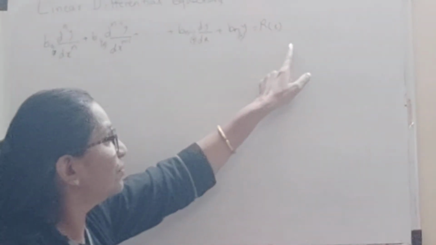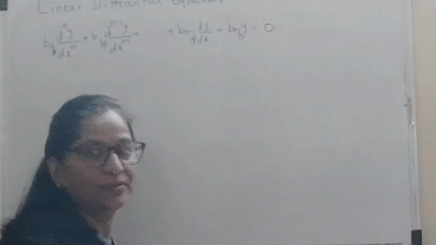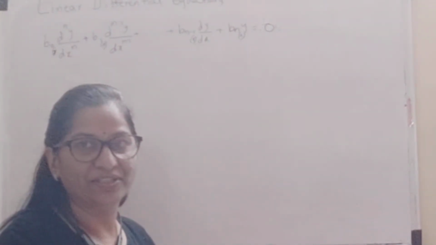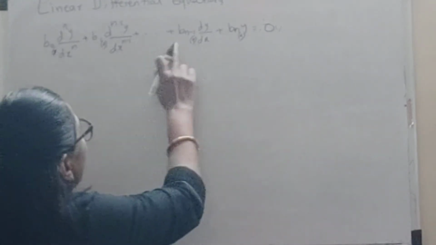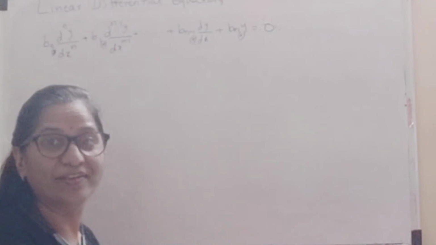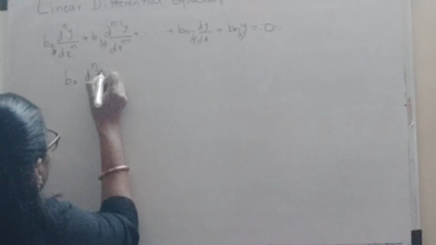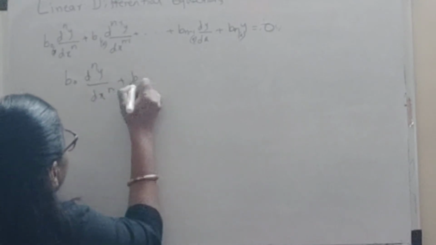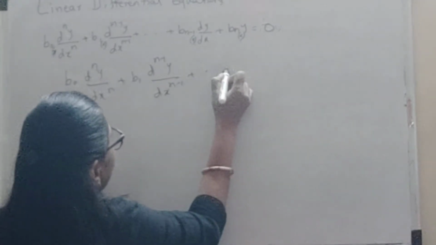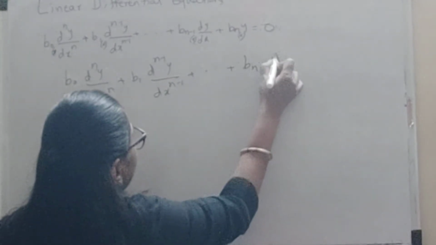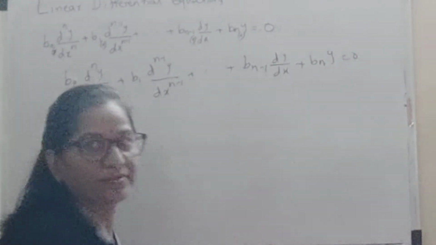If r of x is equal to 0, then the same equation becomes a homogeneous linear differential equation. Now, suppose b0, b1, bn minus 1 and bn are constants independent of x. Then this equation becomes b0 dny by dxn plus b1 dn minus 1 y by dxn minus 1 plus so on plus bn minus 1 dy by dx plus bn y is equal to 0.